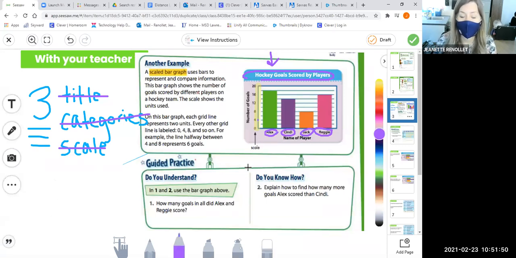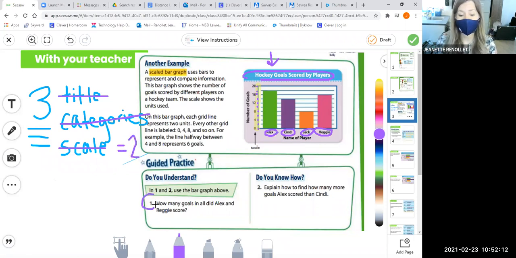It gets too crowded. So the first number is 0, then it goes 2, 4, 6, 8, 10, 12, 14, 16, 18, 20. That is the scale that we're going to be working with. We are counting by 2s.